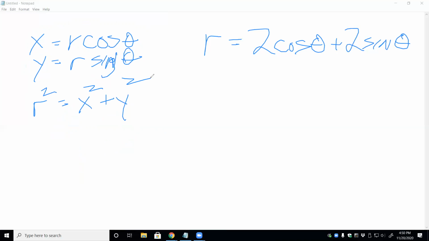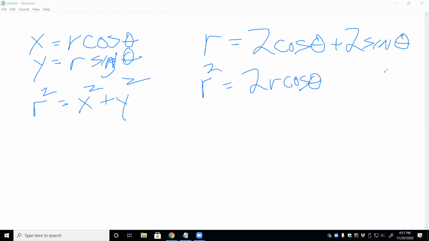Okay? So how do we change this? Well, there's a little trick that's not obvious, but is used quite frequently here. And that is where you multiply both sides by r. And that gives you r squared equals 2r cosine of theta plus 2r sine of theta.